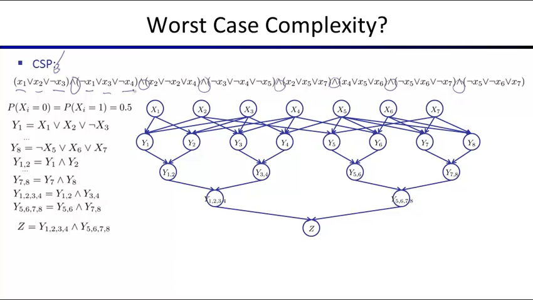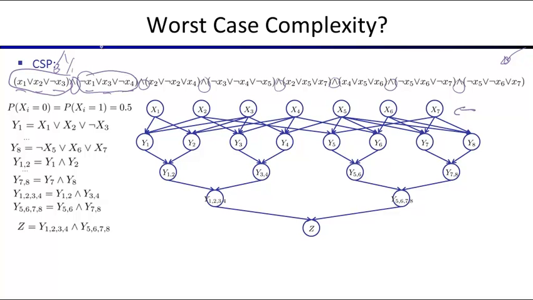So how do we encode this problem as a Bayes net? Well, the variables x1 through x7 are listed at the top here. Then I'm introducing additional variables. The variables y1 through y8 correspond to each of the clauses. So this first clause here is y1.